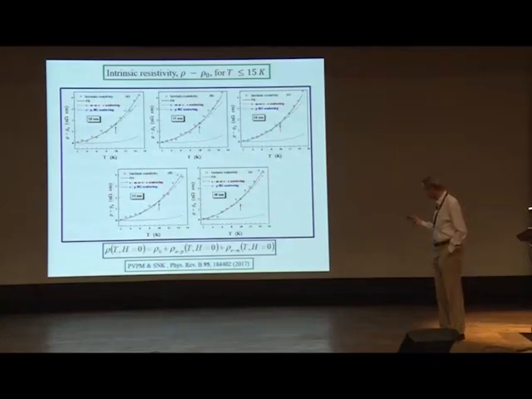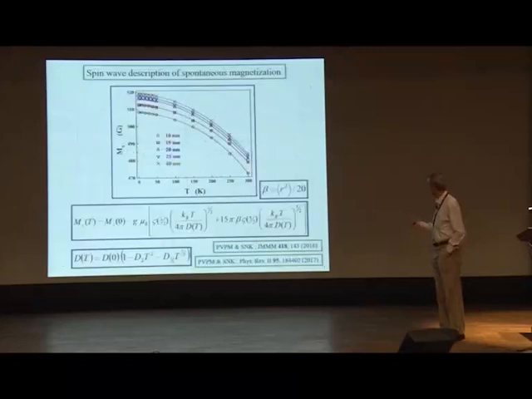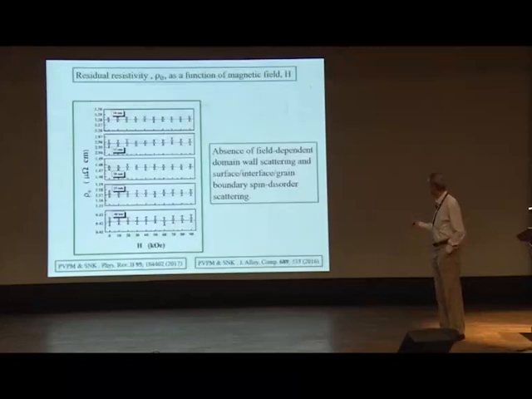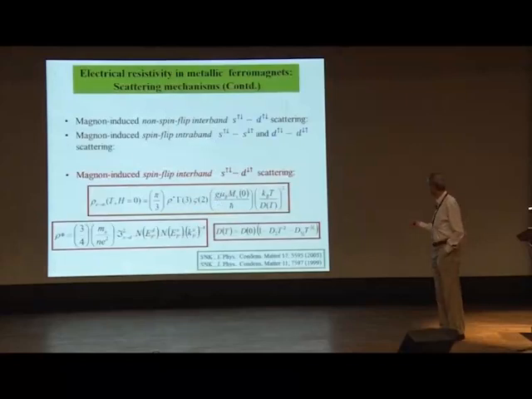If you recall, just go a few slides back. Electron-magnon contribution can also go as T square, provided there is no thermal renormalization of the spin wave stiffness. That means you have a spin wave stiffness which is constant and doesn't depend on temperature.